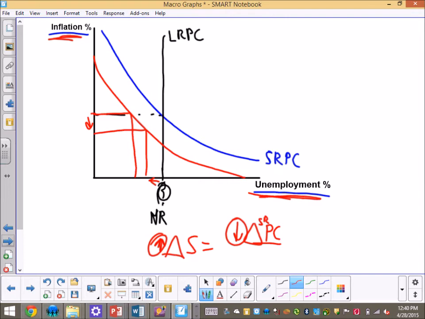A negative supply shock would cause what to happen? The Phillips curve to shift to the right, and so we'd end up with our short run Phillips curve 2, and you can call this short run Phillips curve 1.